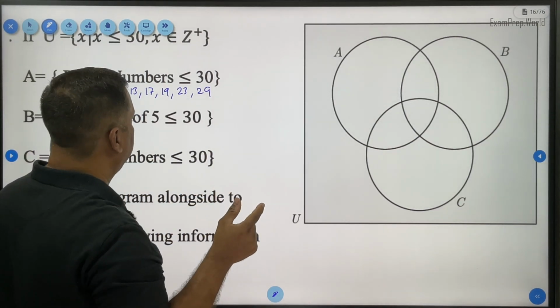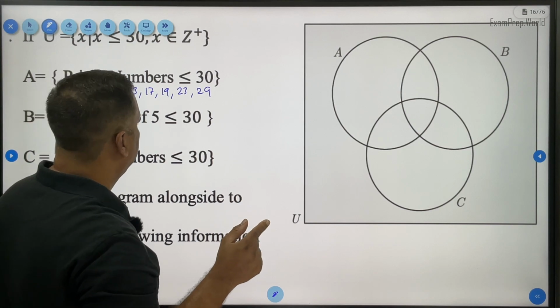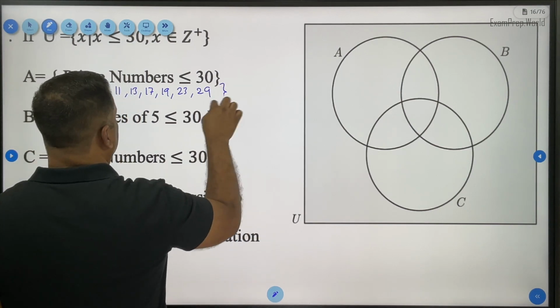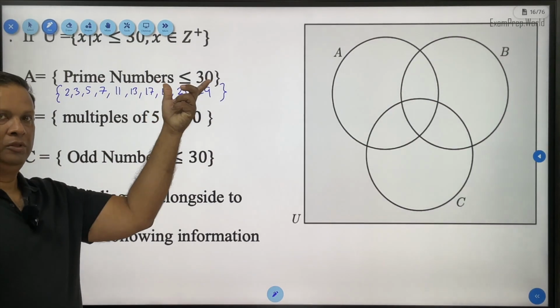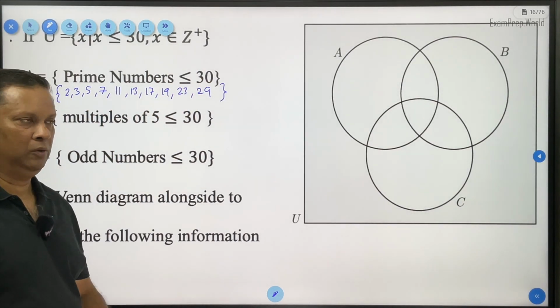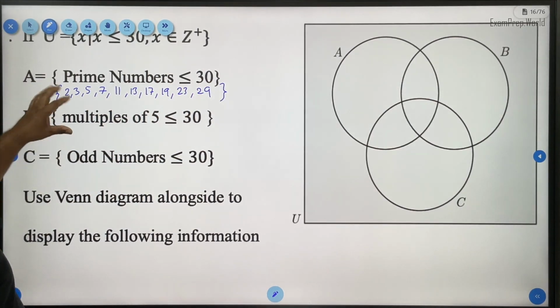So I have all the prime numbers from 1 to 30. Okay, so A is done.